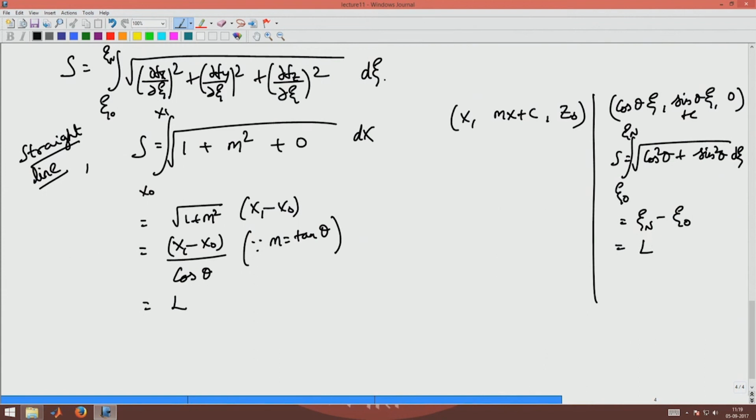So, basically here the psi is represented as the arc length measured along the length of the member.